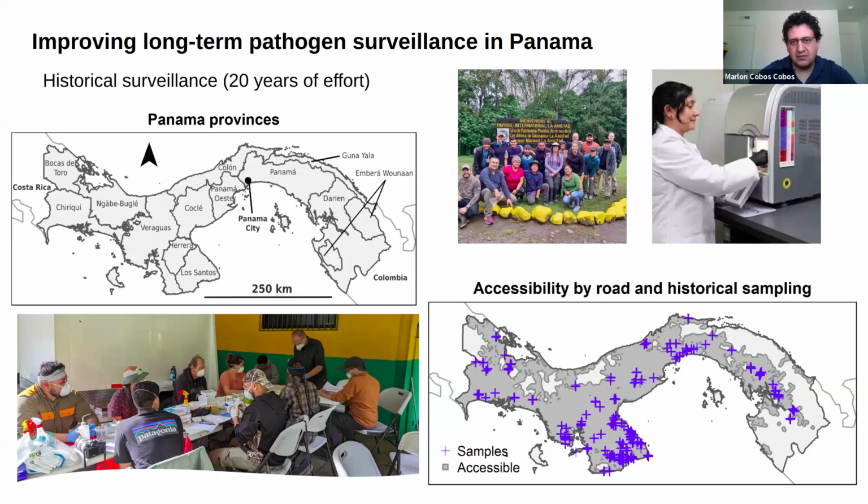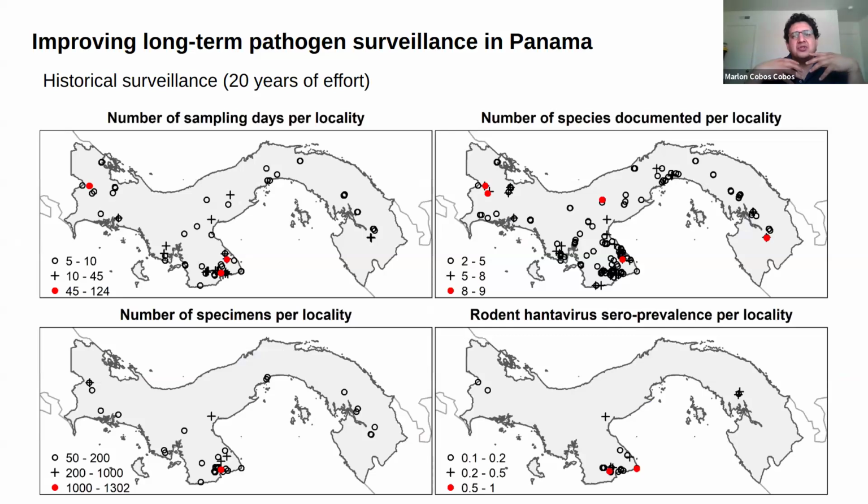And so from there, if we want to improve that, we were looking at summaries of the information that they have collected.